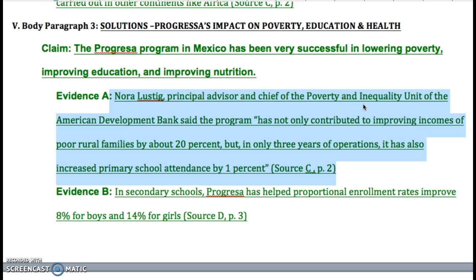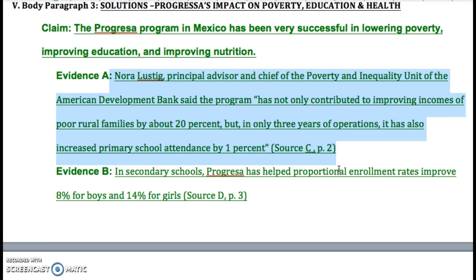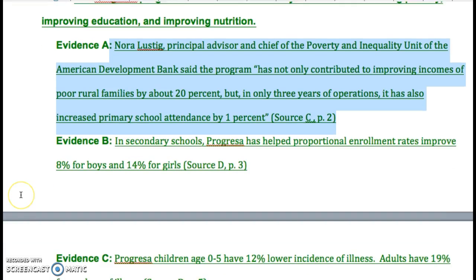So she really is an expert on the topic. I can quote her because she's a reliable source, and she's giving facts that I can trust. Okay, so these pieces of evidence might not just be facts, they might also be quotes from very important people on the topic, or people who are expert researchers or experts in general on the topic.